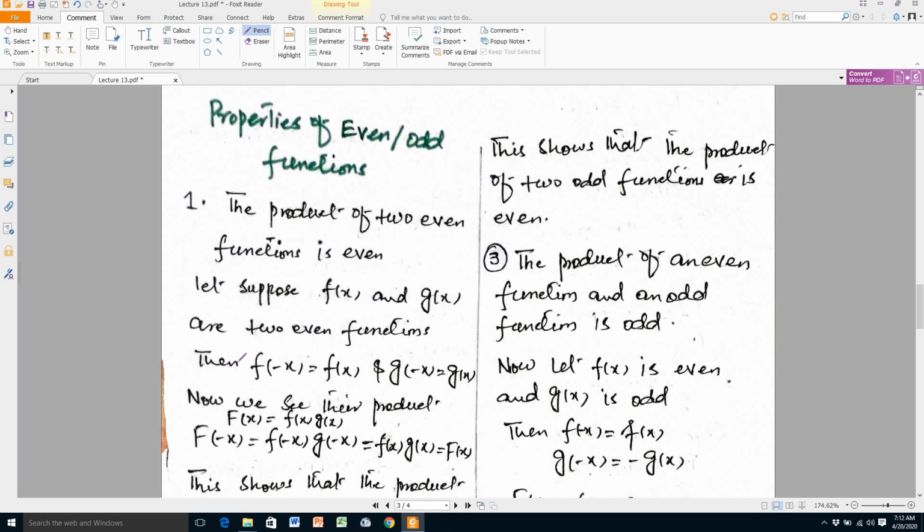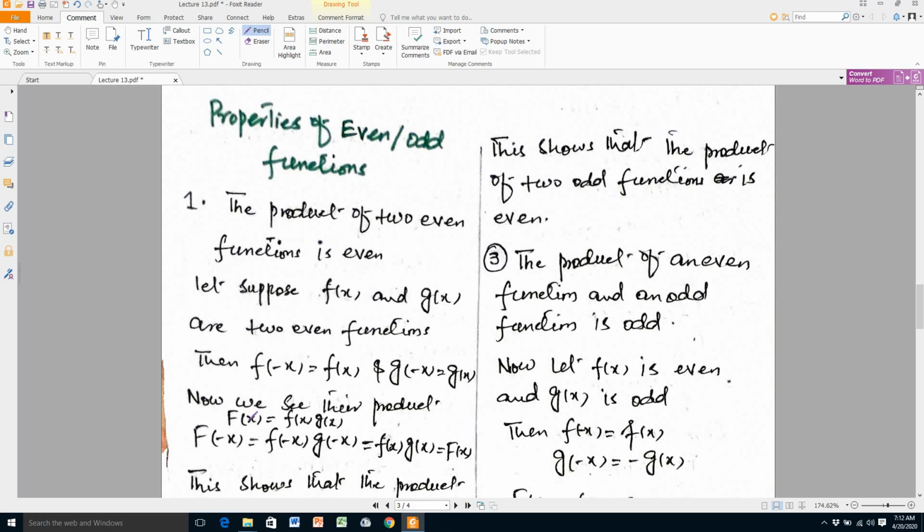Now, f of minus x is equal to f of x and g of minus x is equal to g of x. We see their product is F of x is equal to f of x times g of x. This F of x shows the product of these two even functions.